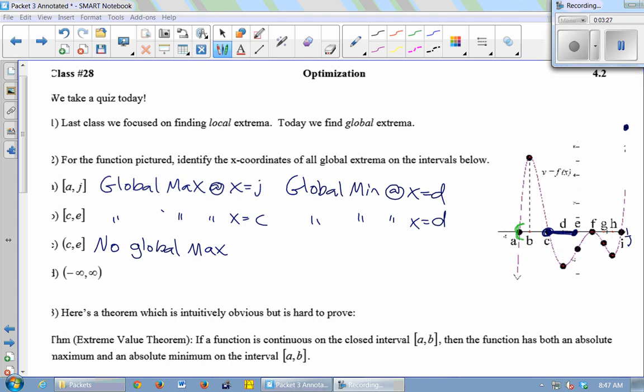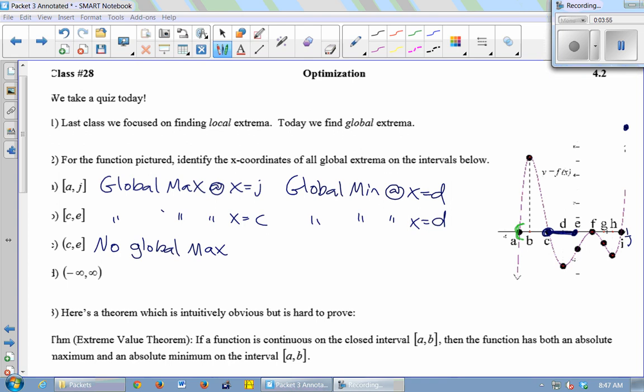I start saying, well, if C were in the interval, it would be at C, but C's not in the interval. And the next highest point is just to the right of C, but I can always get closer to C. So I can't say right where that maximum would occur. So it's this open interval thing makes it so that I can't find a global max.